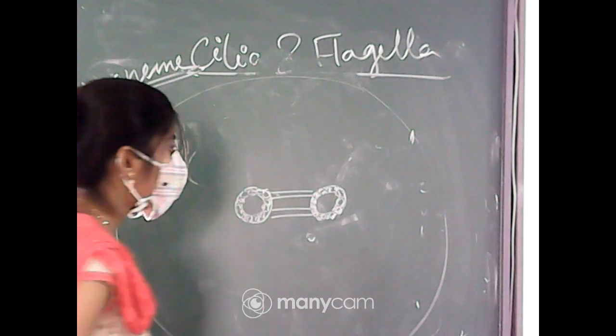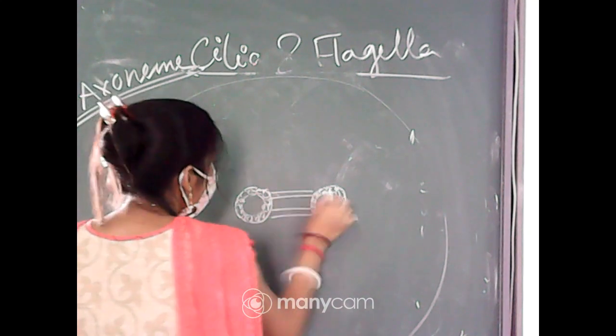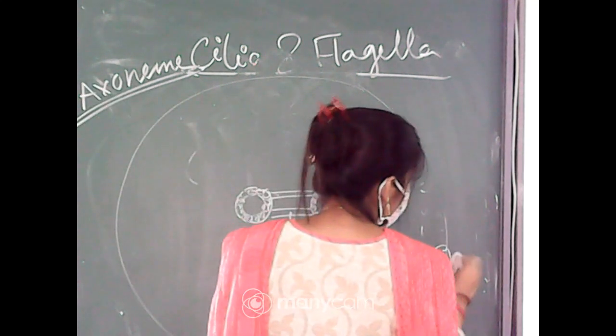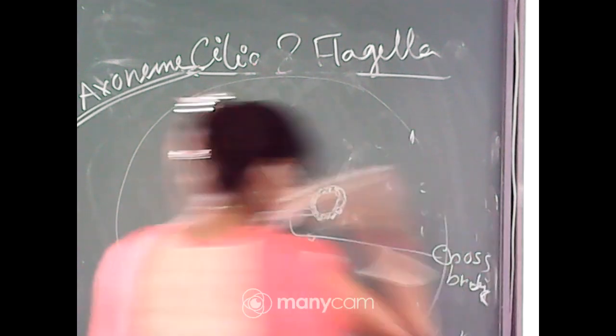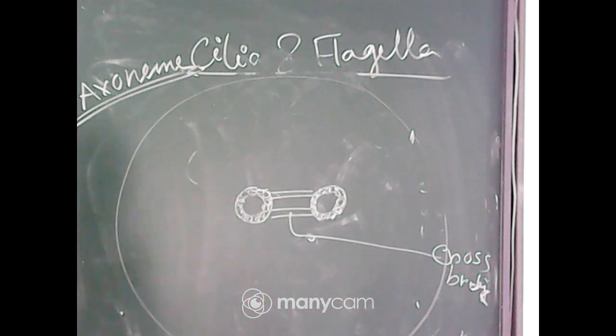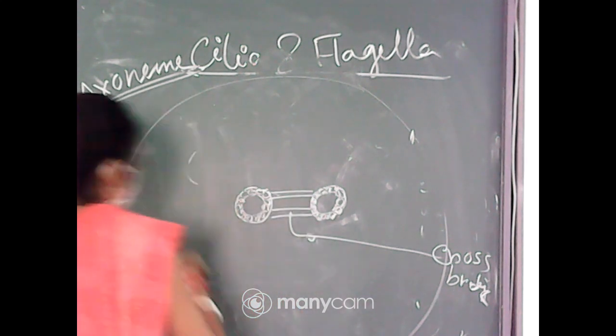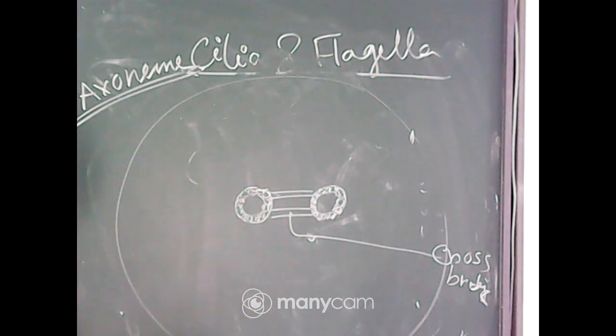Okay, so these are the central microtubules. They are connected by a structure which is called a cross bridge. So these are two, that is, in the 9+2 arrangement we have drawn the two centrally placed microtubules.